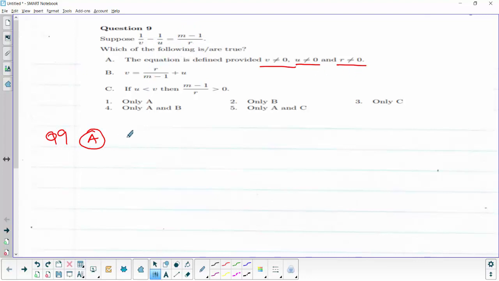So which means the denominator must not be 0.